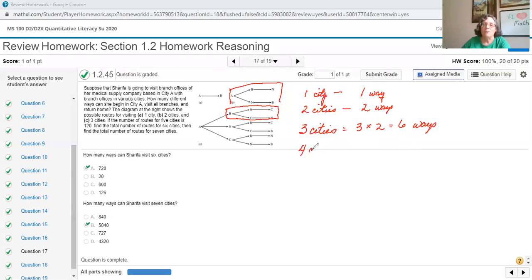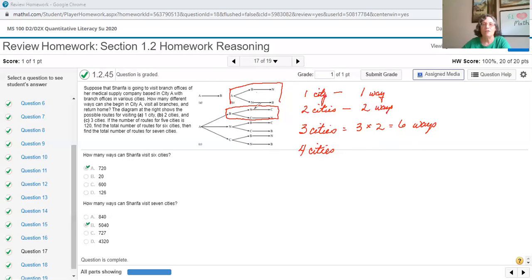So now imagine, without having to necessarily draw out the whole tree, if there were 4 cities, then every one of these 4 cities would have all of these branches coming off of it.